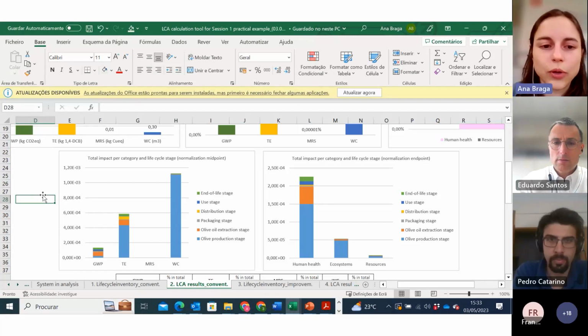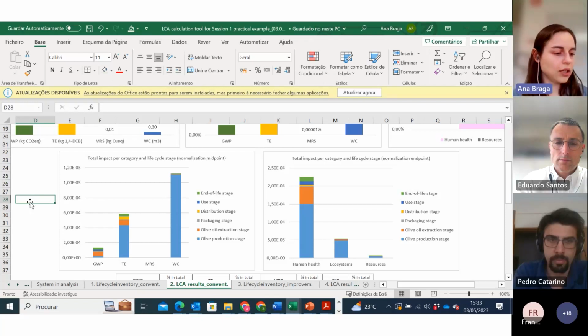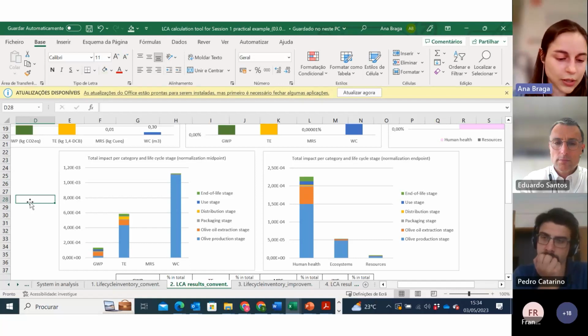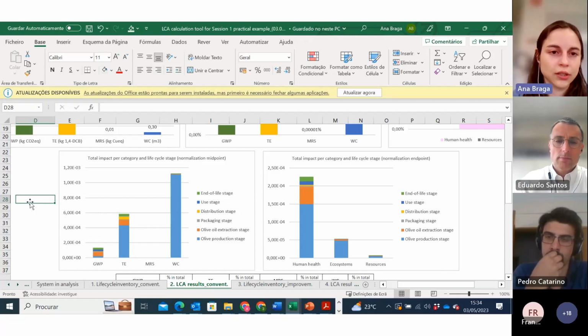Okay, why does this happen? What can be the reasons? In olive production, we are using a lot of fertilizers and other products, pesticides. In the olive oil extraction, we have the energy from electricity and propane, and also a big issue is the considerable amount of waste that has to be treated, and it has an impact on the land used for the treatment, and on the remnants and residues that can be freed from that waste.